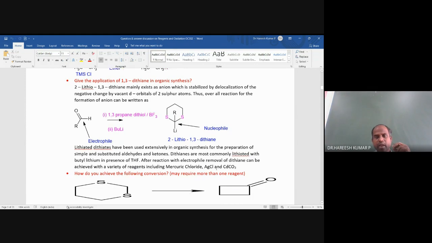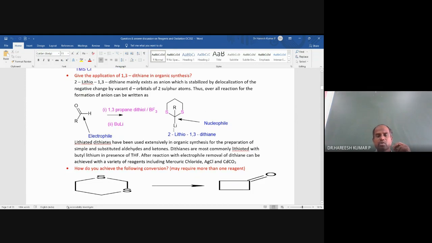This 2-lithio-1,3-dithiane is widely used in organic synthesis, and it will react with carbon electrophiles as well as other electrophiles. It also reacts with nitriles, halides, esters, carbonyl compounds, and carbon dioxide.